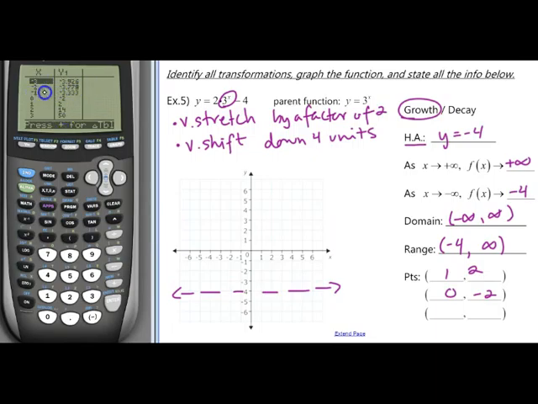So you can take another one and just approximate. We have -1, -3.3. So go ahead and plot those points, and those are the points that are going to help you sketch your graph. So once we have this, we know that we're getting close to the asymptote, and then use your points to help you sketch.